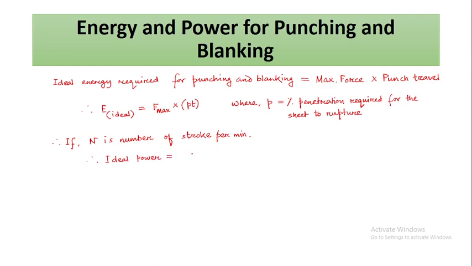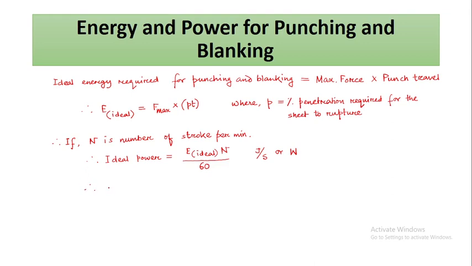The ideal power will be whatever the energy required into the number of strokes given in strokes per minute. If I divide it by 60, we will get joule per second, and we know that joule per second is called watt. So we will get the power as E into N by 60. That is our ideal power required.